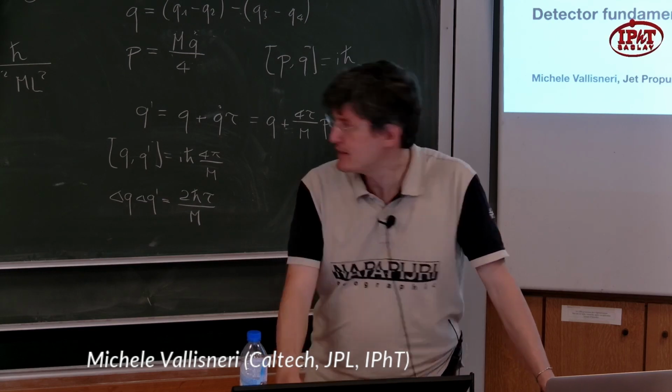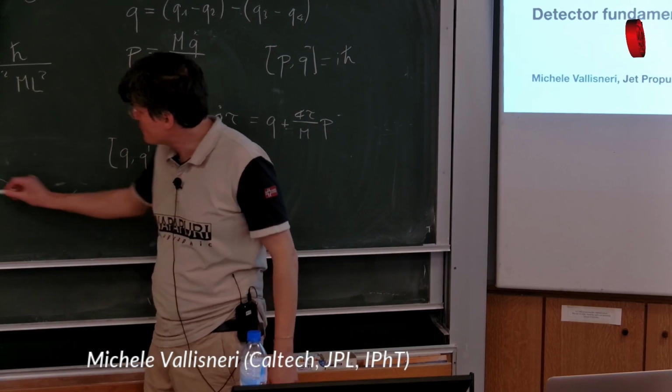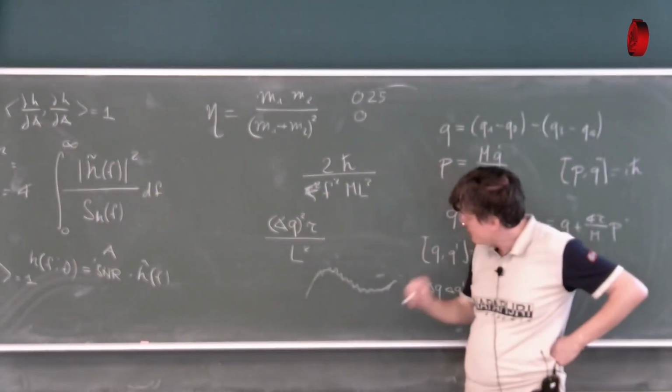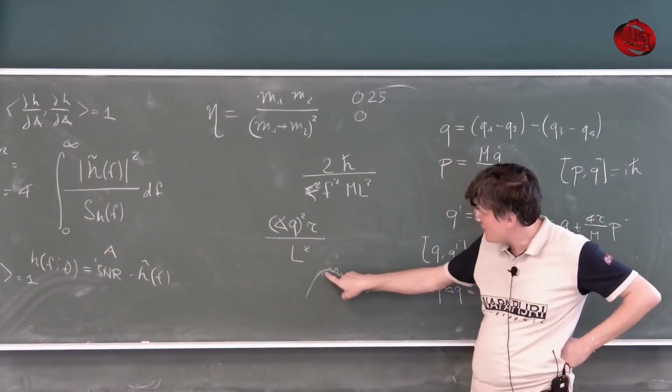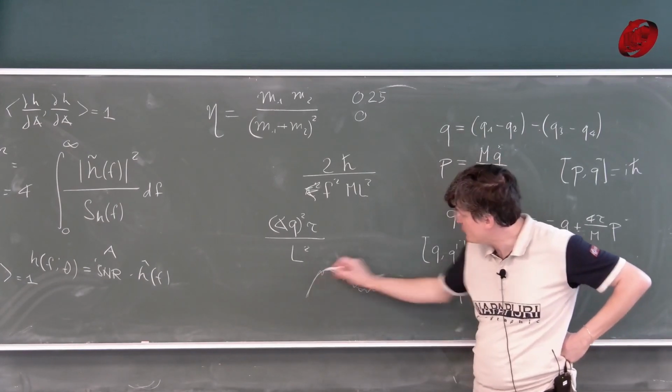The idea is that if you have a smooth background with gravitational waves on top, you want an average that smooths out the gravitational waves. So if you take an average of this, you get just the smooth part.